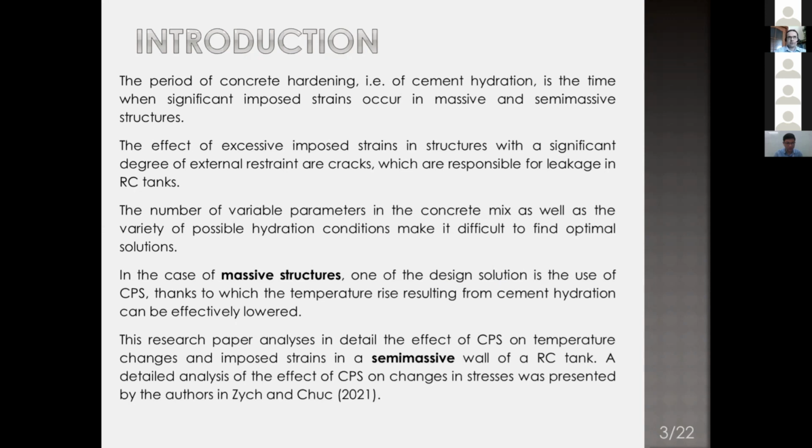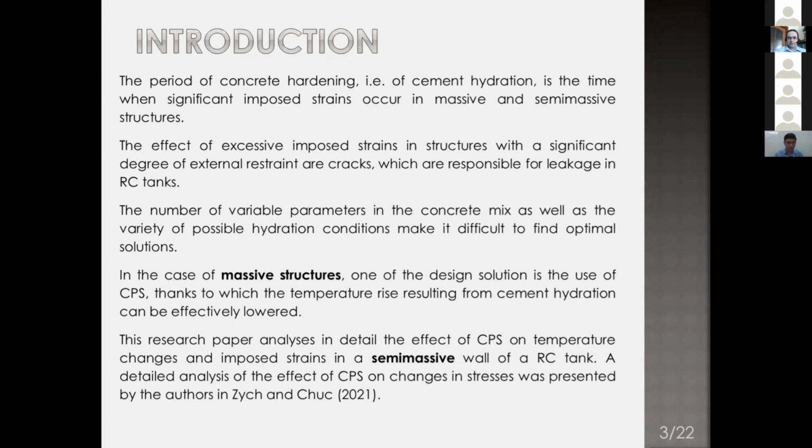In the case of semi-massive structures, in the literature, according to us, there are a lot of gaps. And that's why we decided to perform an analysis and try to show in detail the effect of the cooling pipe system on the temperature changes and imposed strains in a semi-massive, not massive, but semi-massive wall of a reinforced concrete tank.